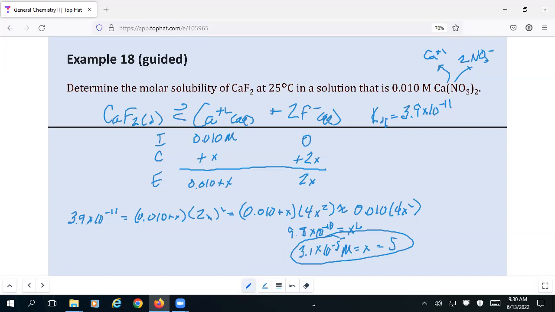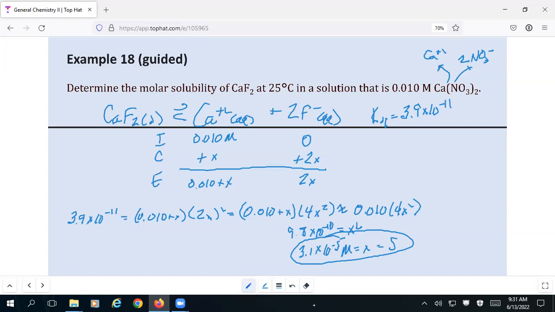That's a sign that we've taken it too far and we need to go back and set up, in this case, a cubic. 0.04 x squared plus 4x cubed is equal to 3.9 times 10 to the negative 11th. Put that into your favorite equation solver, get out your values of x. It's going to work out the same way.